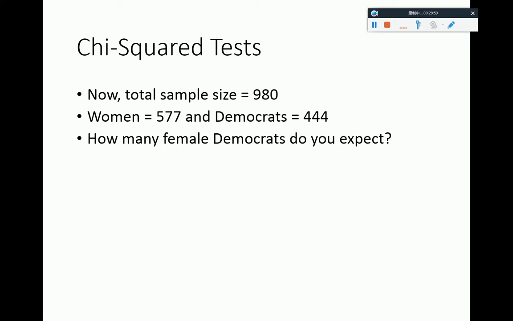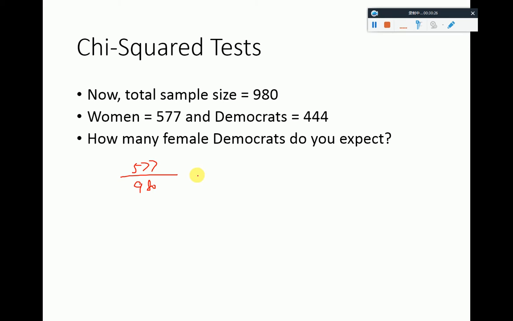So first of all, we need to figure out, from these numbers, what is the probability of observing women or females from the sample? That's easy. We have this many people and we have this many women, so the probability of observing women from this sample will be 557 divided by 980.